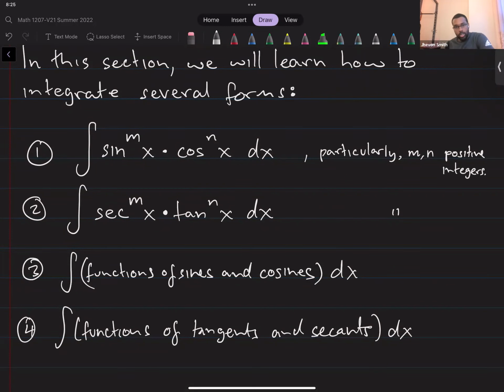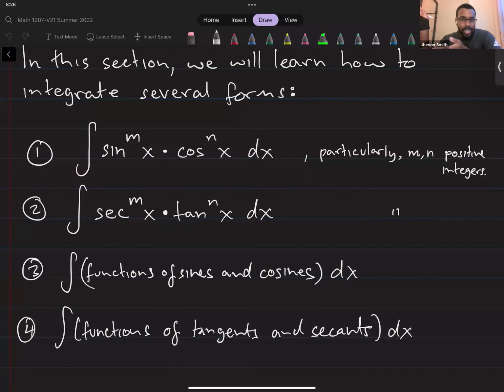Your text also deals with the situation of cotangents and cosecants, but we're not going to do that. It turns out that cosecants and cotangents actually behave very similarly to secants and tangents. So if you know how to deal with secants and tangents, in principle, you know how to deal with cosecants and cotangents. So I'm not going to ask you about cosecants and cotangents.